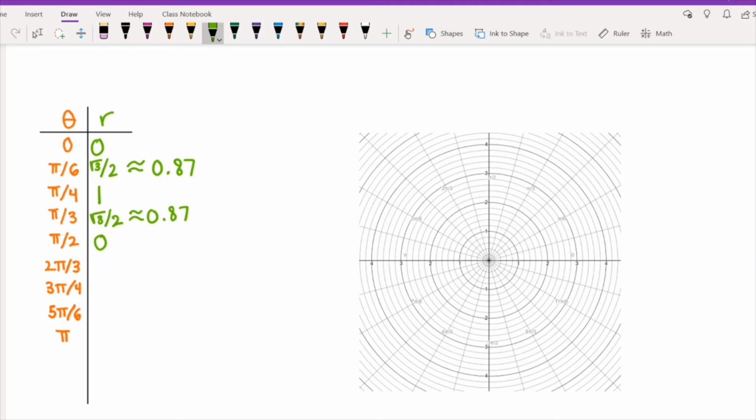The next one is 2 pi over 3, and I feel like okay, never mind. Thought maybe I skipped something, but I think we're okay. So 2 pi over 3, that would be sine of 4 pi over 3. And so sine of 4 pi over 3 is going to be negative square root of 3 over 2. And that's approximately negative 0.87.